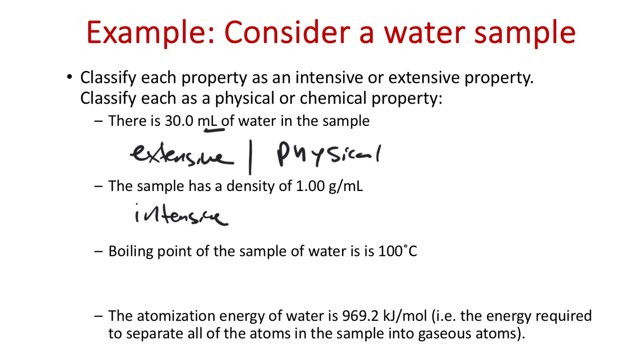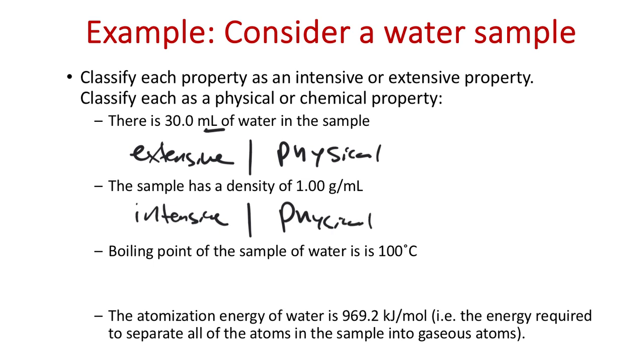If we had 50 mils of water, we'd have the same density. If we had 70 mils, we'd have the exact same density. So density doesn't change with how much water we have. And chemical versus physical, you'd probably still say that's a physical property. That's really not telling us anything about a chemical change.